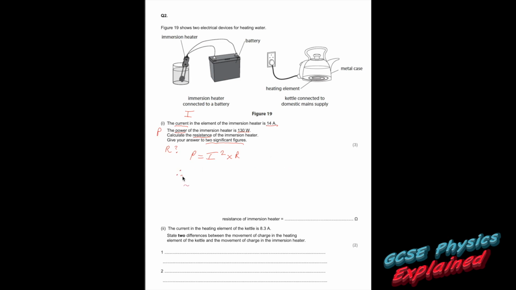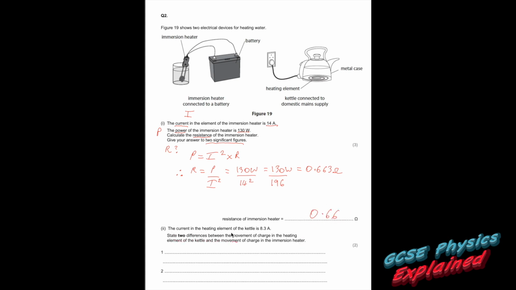So therefore, R equals P over I squared. Pop the numbers in. Now they wanted the two significant figures, so that's 0.66.